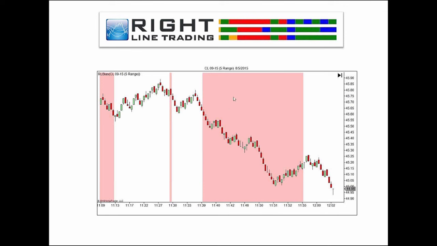Now, what we define as an independent variable is an indicator that predicts price movement but doesn't use any information from your trading chart, which is the key. If the indicator requires price on your trading chart to fall to signal a short, it has no value.